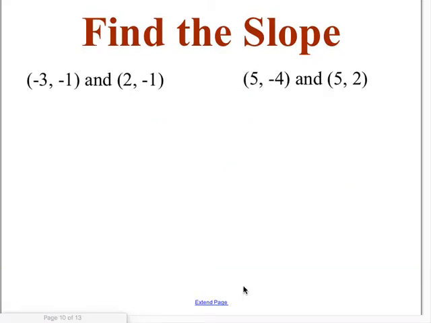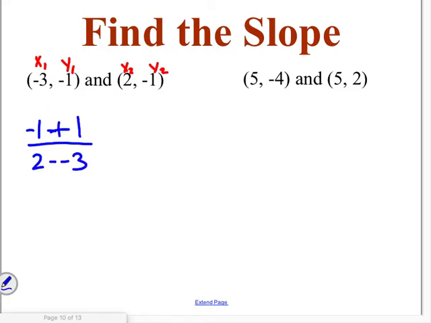Two other things that we need to talk about with slope. So this first one, we've got x1, y1, x2, and y2. When we are plugging those into the formula, I get -1 minus a -1 over 2 minus -3. Those minus negatives turn into pluses, and I end up with 0 over 5.